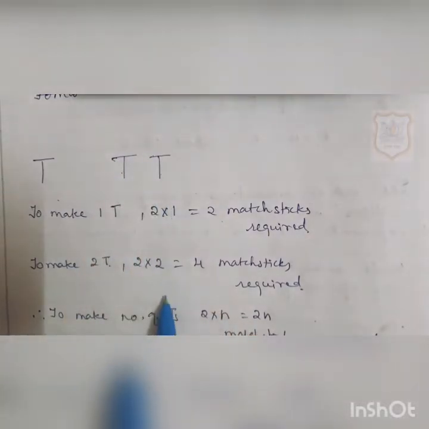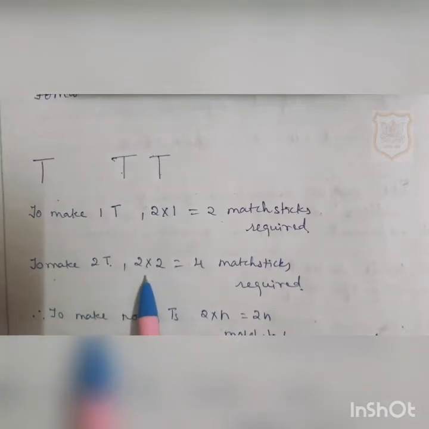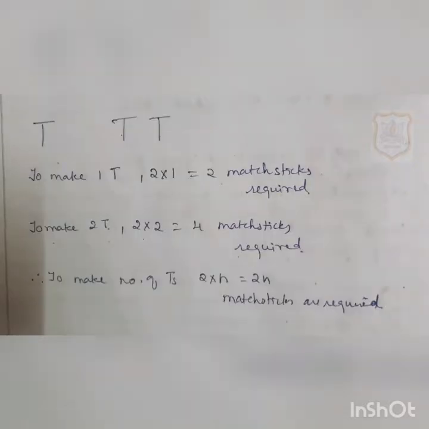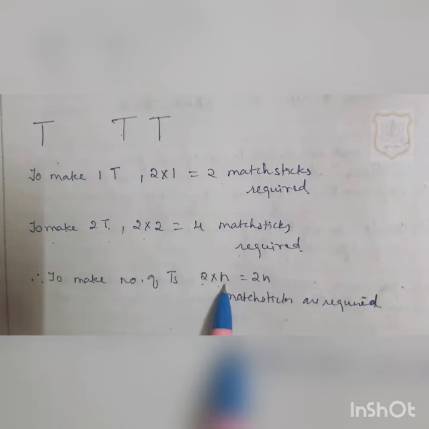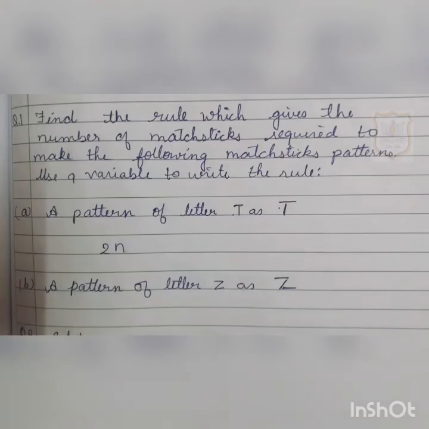So 4 matchsticks are required. So we can write: to make 2 T's, 2 into 2, that is 4 matchsticks required. Therefore, to make n number of T's, 2 into n, that is 2n matchsticks are required. So here the pattern will be 2n. So we can write the pattern: 2n matchsticks are required to make letter T.